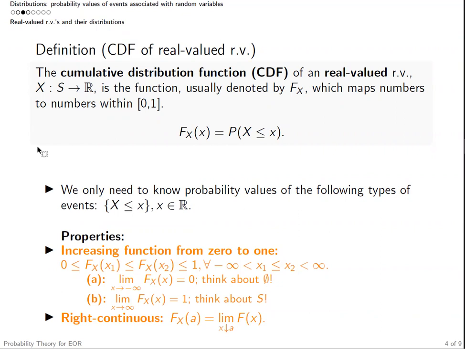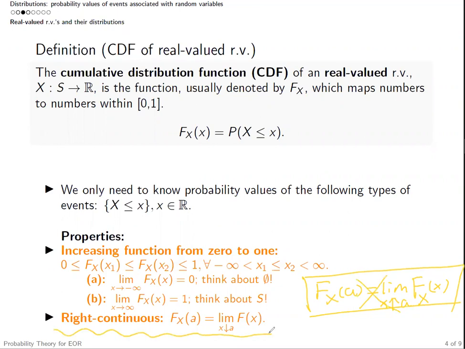However, the equality may not hold all the time: F_X(a) may not equal the limit of F_X(x) if we let small x increase to a. Right? This may not be true. But this is always true.